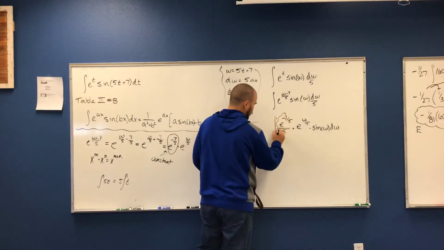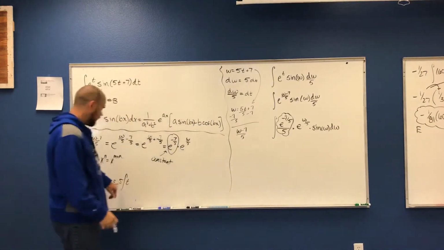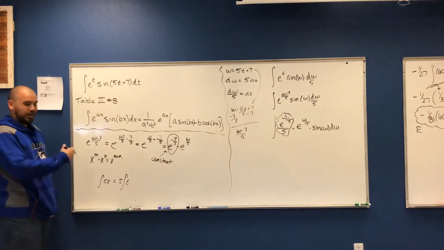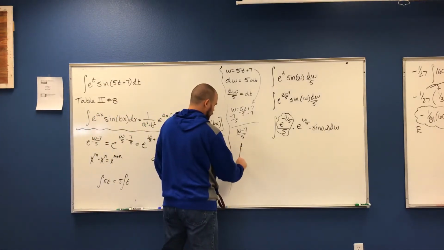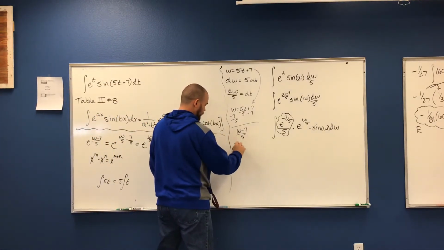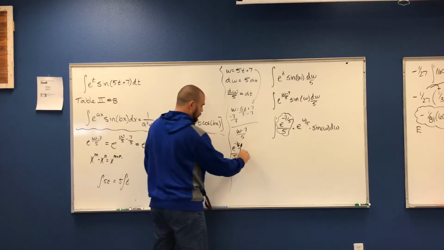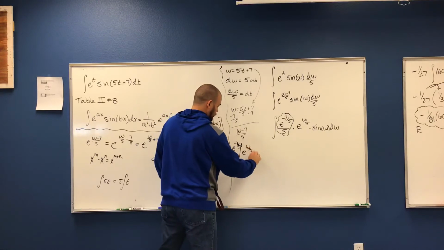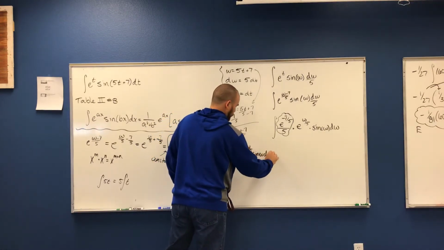I have no idea what that number is. I couldn't care less what that number is, but it's a number. It's some coefficient, just like 5. I can pull it out. So I can now have e to the negative 7/5 over 5 times the integral of e to the w fifths sine of w dw.